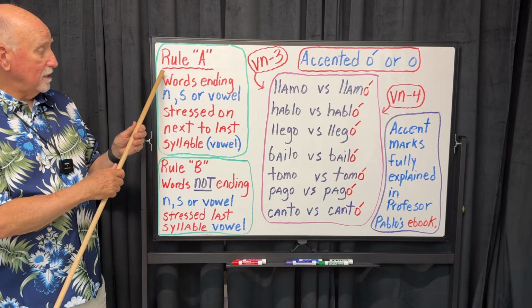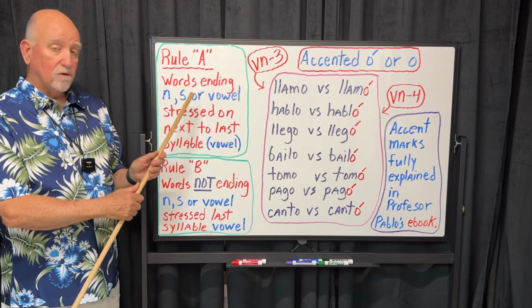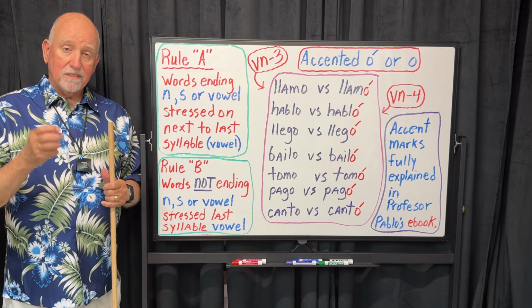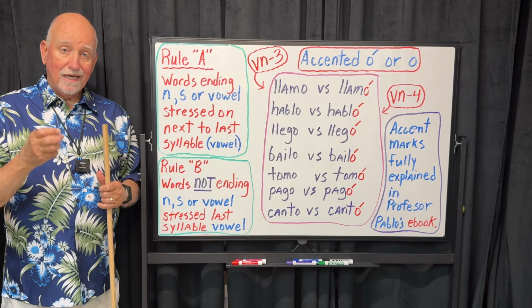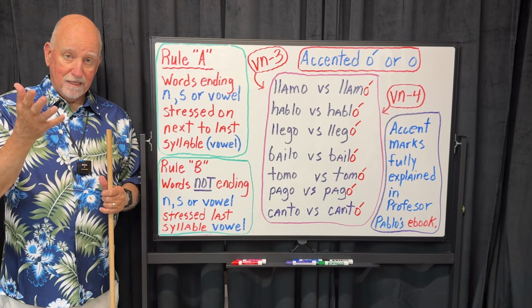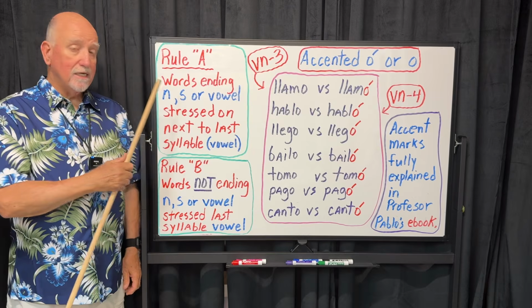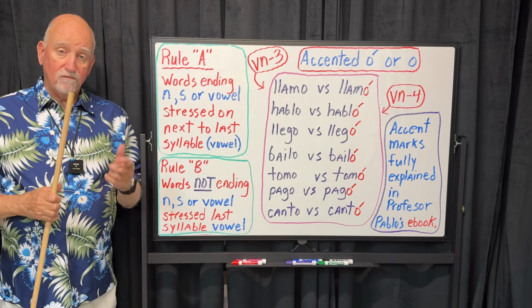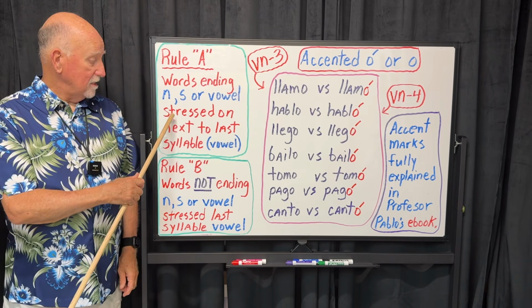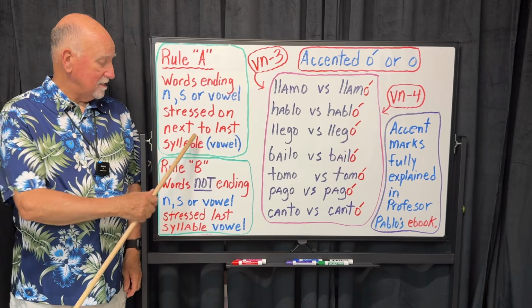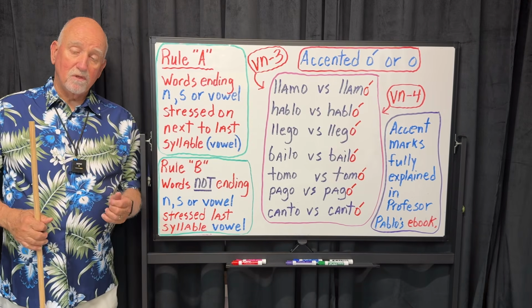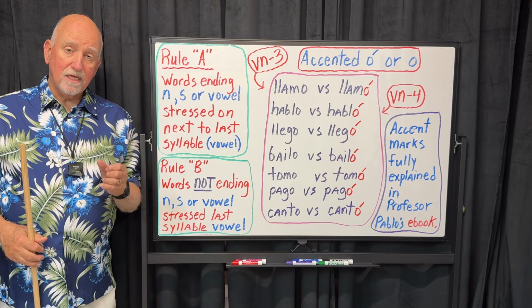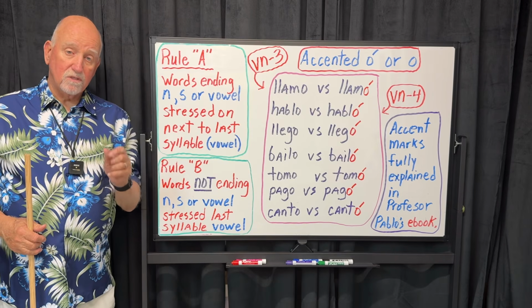Rule A says that words ending in N, S, or a vowel, remember a vowel is A, E, I, O, or U in Spanish, are stressed naturally on the next to last syllable. And remember, a syllable must have a vowel. Most of the time in Spanish, you have syllables with one vowel.